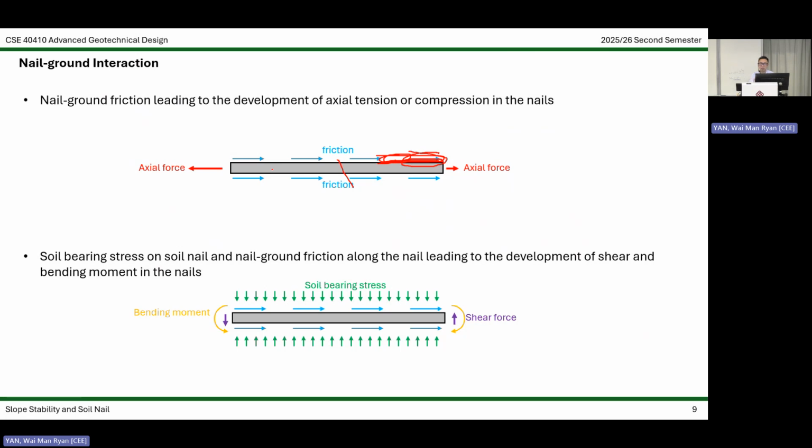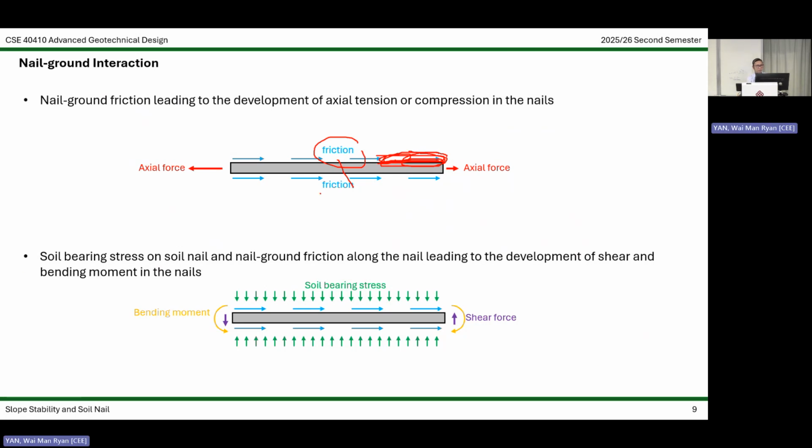If you don't have any bonding between the grout and your steel bar, no frictions can be developed, so the whole thing cannot be used. That's why another thing is we have to check if the bond here is large enough to support the frictions. Okay, at least from first principles, we understand that we need to check these two ingredients.